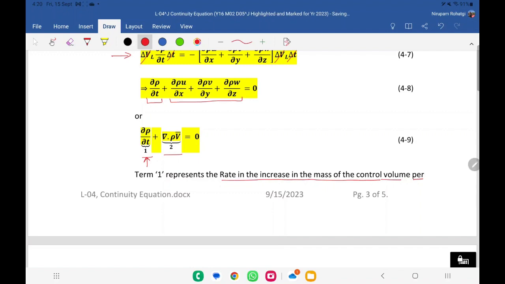It is telling you the difference in the mass flowing in from the left face and the right face. So del rho u by del x is saying how much will be more on the right face. Similarly, del rho v by del y is telling you how much will be more on the back face, and del rho w by del z is saying how much will be more on the top face as compared to the bottom face. So this is talking about difference.